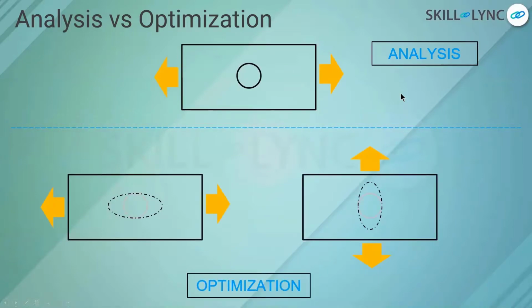Whereas an optimization approach will be, if I know the loading direction, then I can decide the shape of the structure, or the shape of the hole, to be precise in this case, so that the structure is efficient. As shown in this picture, depending upon the loading, I can make the hole in such a way that the stress concentration at the edge of the hole is reduced. So that's the key difference between analysis and optimization.